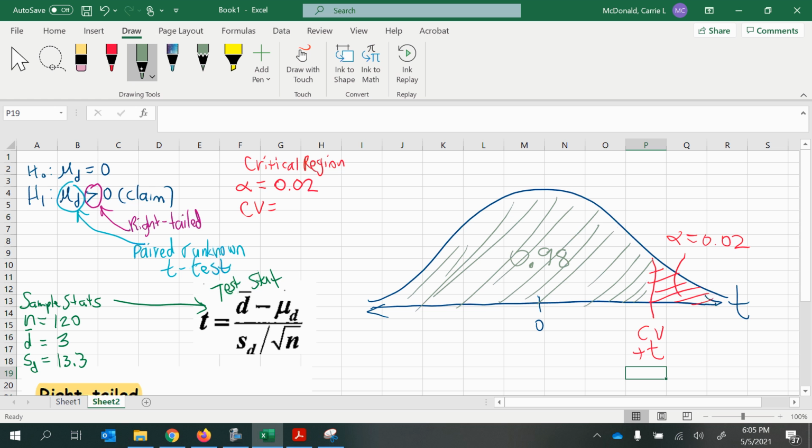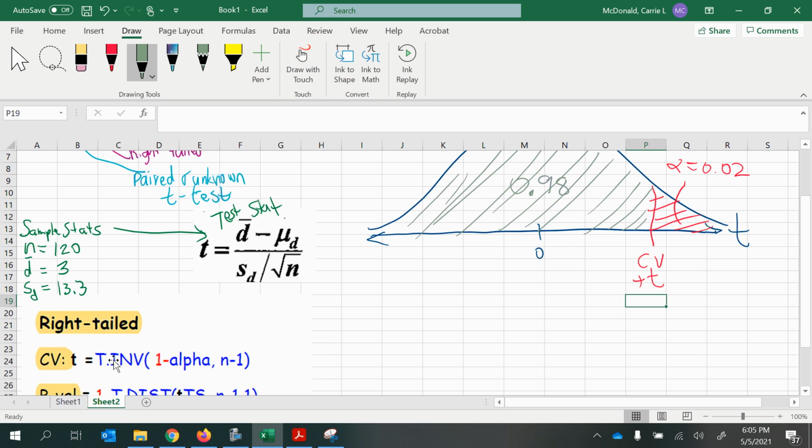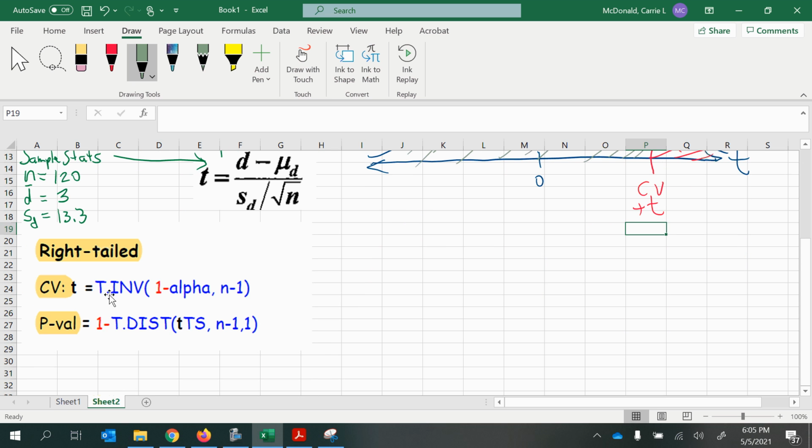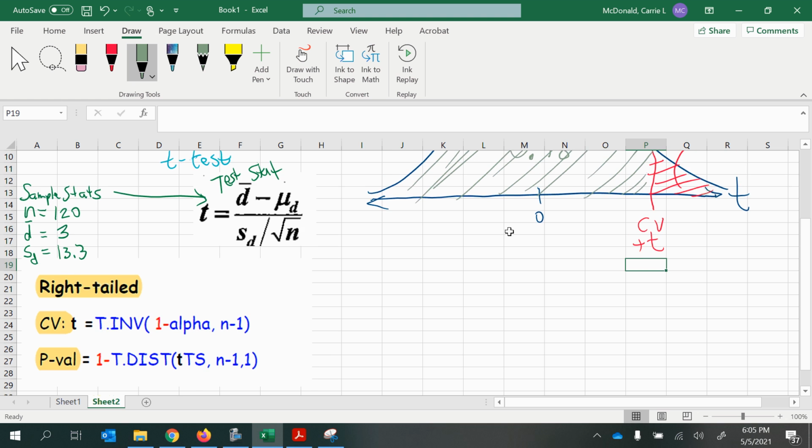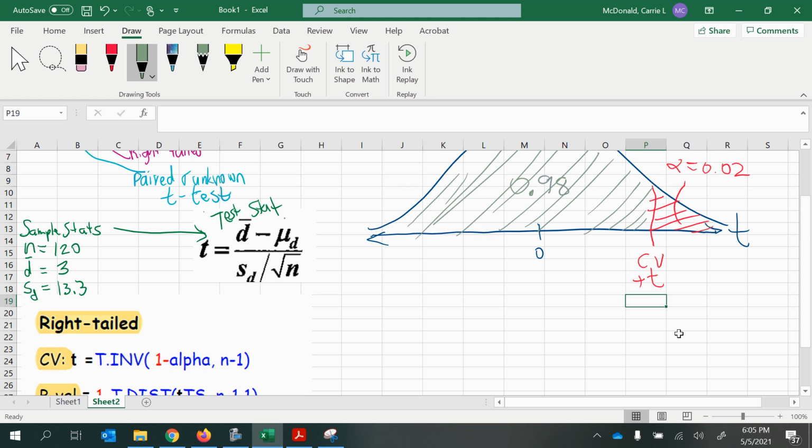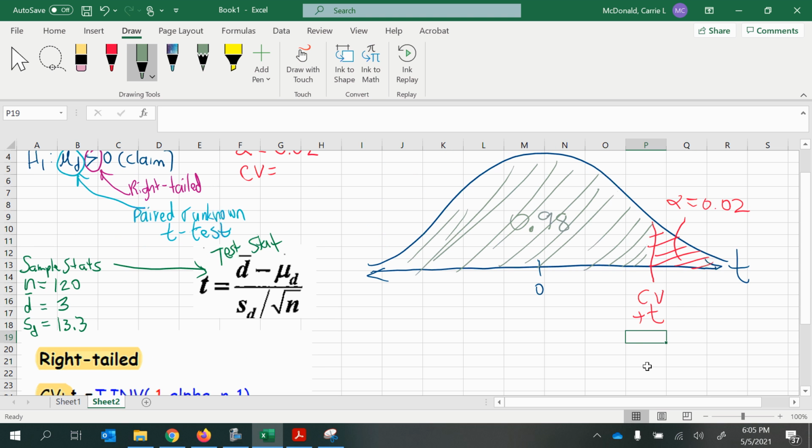And remember that distribution functions like t dot dist or t dot inverse always assume that you're giving it a left area. So that's why we're going to use 0.98 instead of 0.02. So we're going to do t dot inverse 0.98 with degrees of freedom. Our n is 120, so the degrees of freedom would be 119.